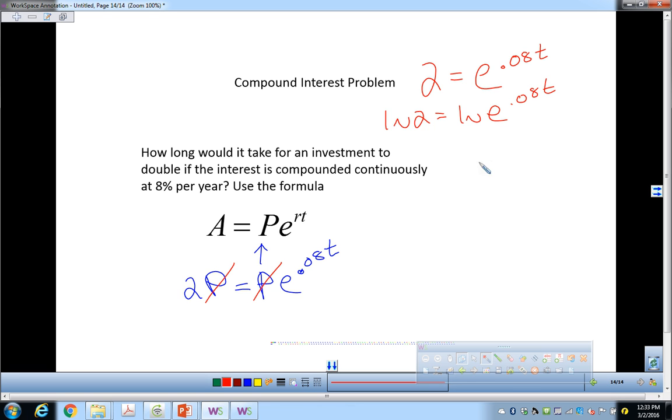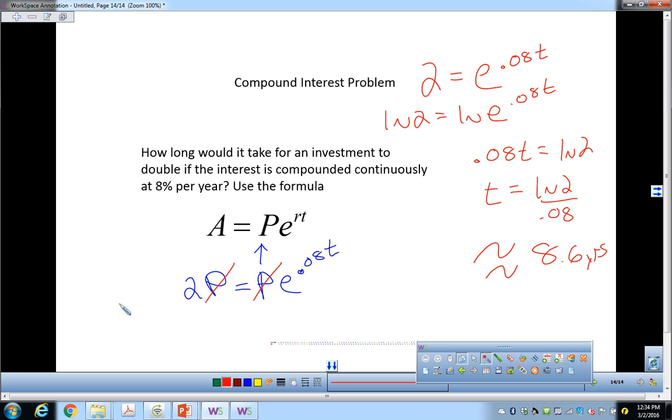So this goes away, so you get 0.08 t equals ln 2. So t is equal to ln 2 divided by 0.08. If you do that on your calculator, I think you get about 8.6 years or something like that.